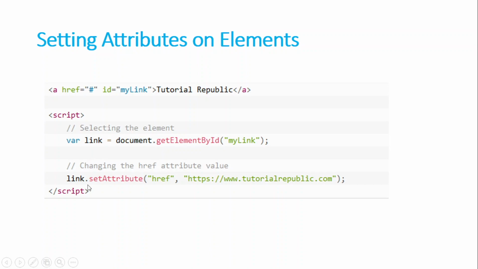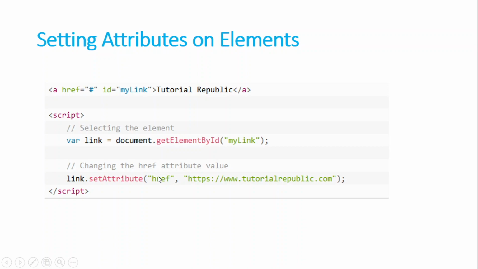Now on this link element, we are specifying the setAttribute method, and we are updating the value of this attribute, which is href. So we can set a new attribute, and we can also update a previous attribute with a new value. Now you can see we have this link.setAttribute method. Inside that, we have specified href.